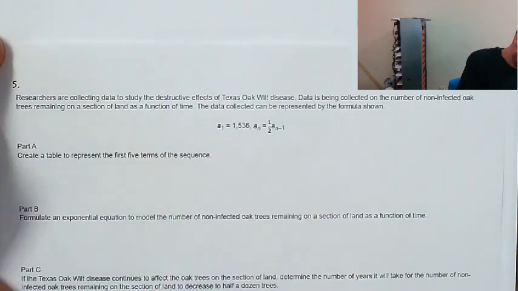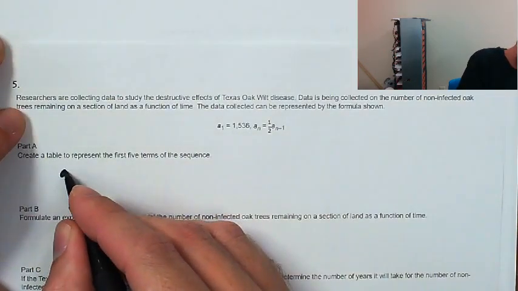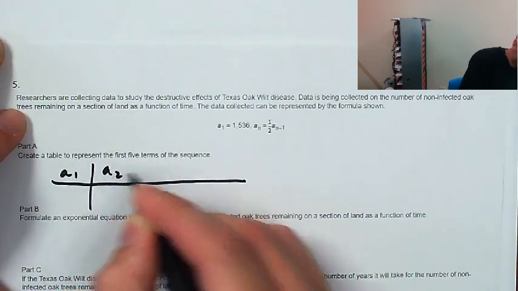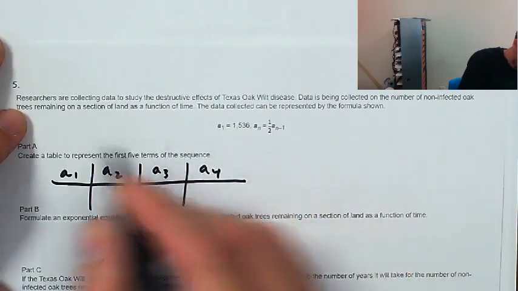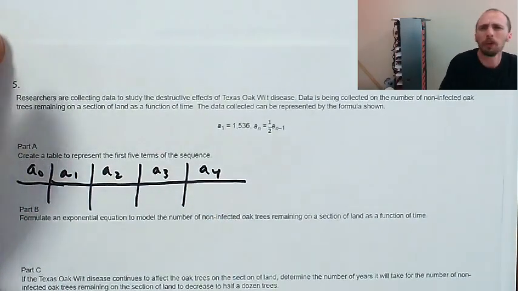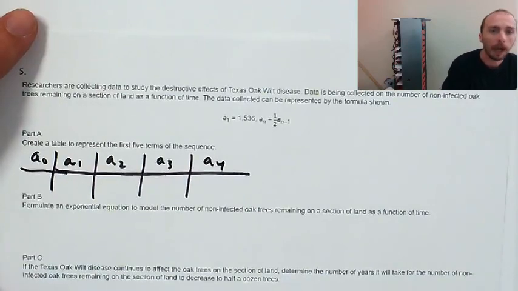Okay, so we need A1 through A5. But I think in the other one we assumed A0 was kind of the starting point, so I'm going to do the same thing. We're going to say that time 0 would be A0.